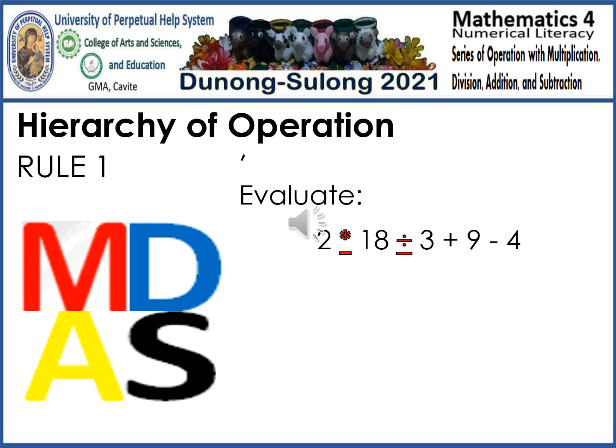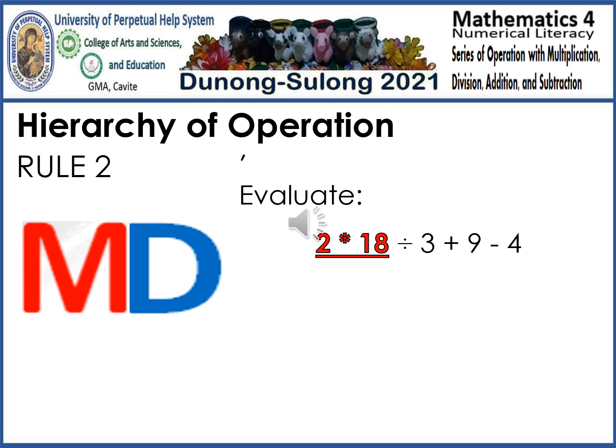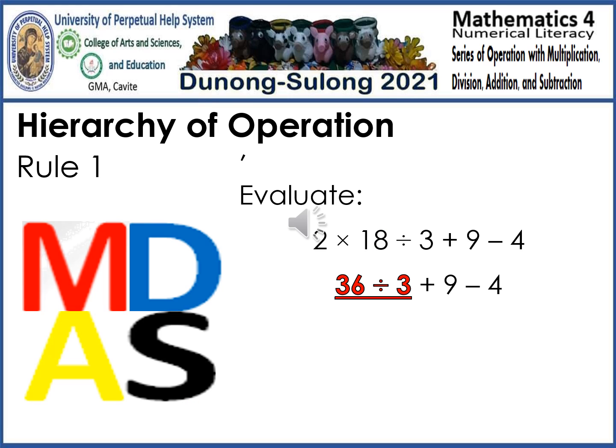So the multiplication and division here are 2 multiplied by 18 and divided by 3. In rule 2, multiply or divide from left to right. Therefore, from the left, the equation available is 2 multiplied by 18. The answer is 36.